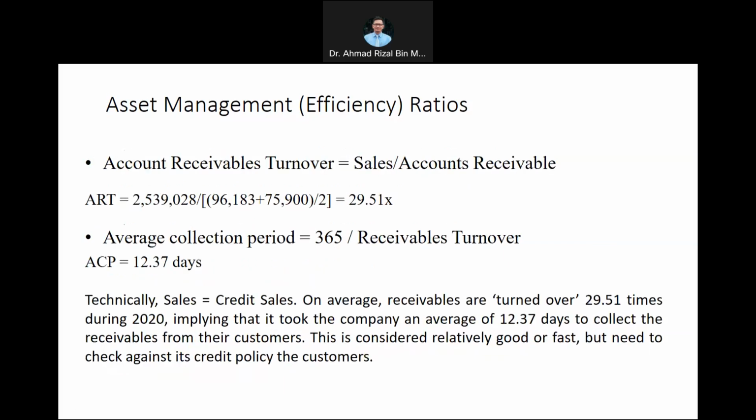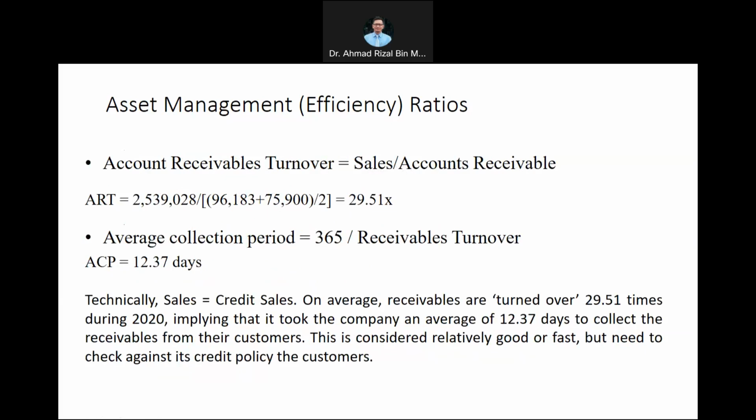For accounts receivable, it's quite similar, whereby you need to find the average accounts receivable for both years. But in this case, you use sales. The sales figure that you divide by the average accounts receivable, technically, should be credit sales.